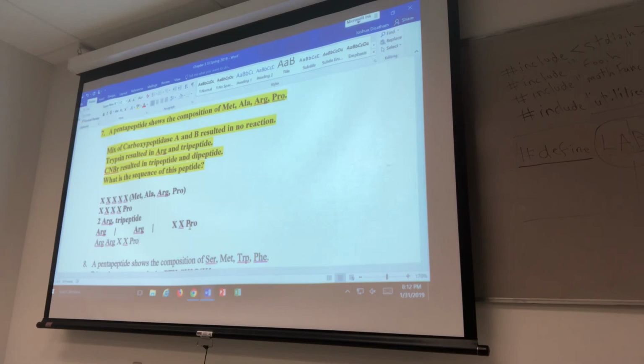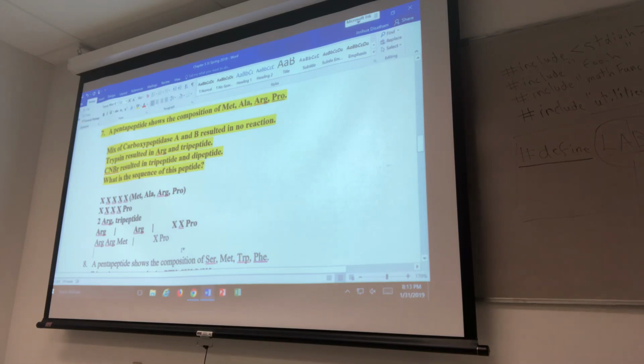Methionine should go in either position 3 or position 4. Anyone want to guess where it should go? Position 3. So let me include it real quick. If it goes in position 3, let's check that our guess was correct. Cyanogen bromide cuts the C side of this, and we end up with a tripeptide and a dipeptide. So we put methionine in the correct spot.